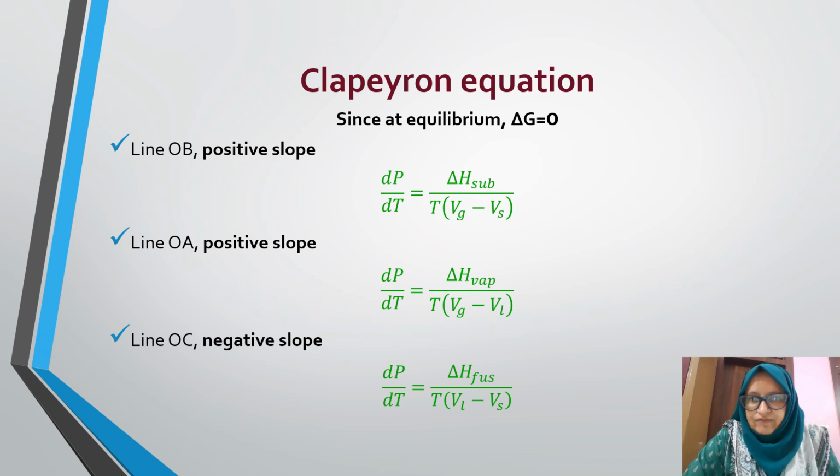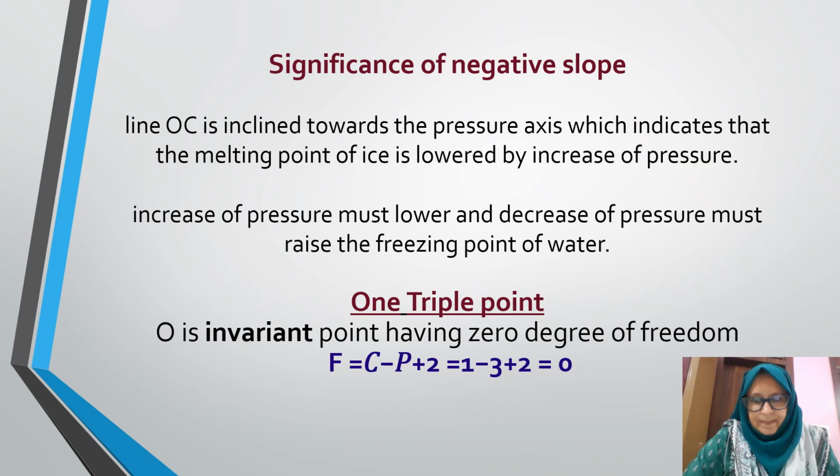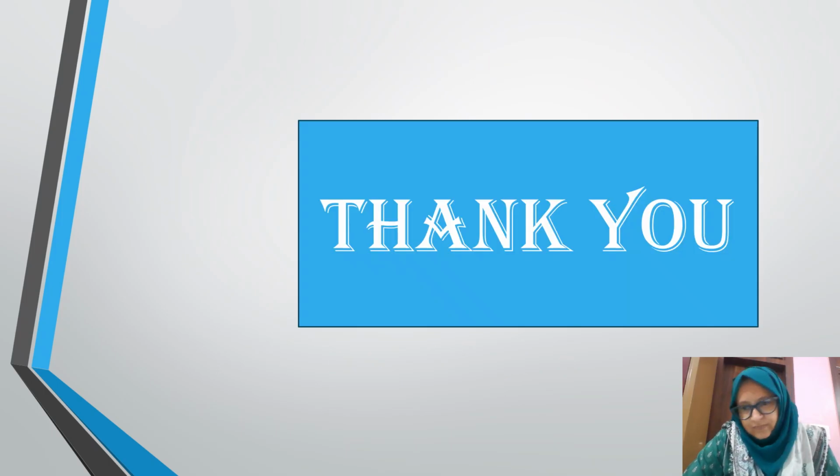This is the Clapeyron equation with the help of which we can calculate the change in pressure with respect to temperature. And in this phase diagram of water, we have one triple point that is invariant, where the degrees of freedom comes out to be 0, that is F is equal to 0. That is, no variable is required to explain the system, and this point is known as the triple point. Thank you so much.